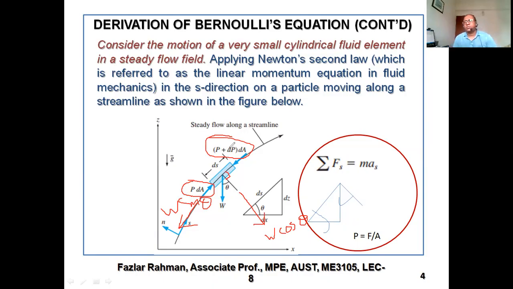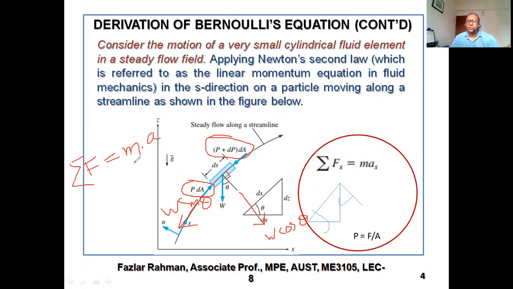And we are working with a moving fluid that has velocity. So you cannot say the summation of forces is zero, but we can say the summation of forces will be equal to the mass of the fluid element times acceleration. The mass of the fluid element you can easily figure out.